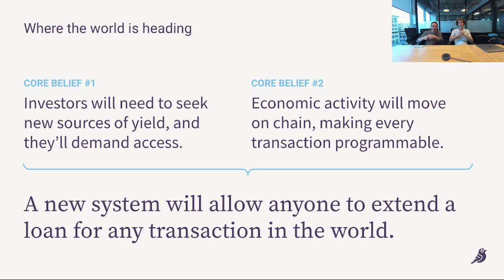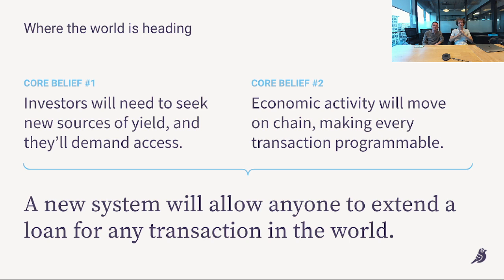So you take all of this economic activity moving on chain, becoming increasingly programmable, and then you add to it this new wave of investors who are seeking and demanding new sources of yield. This is going to lead to a new system where anyone in the world is able to basically extend a loan to any transaction in the world. A way that we think about this is, what if Visa rails were to become open sourced?